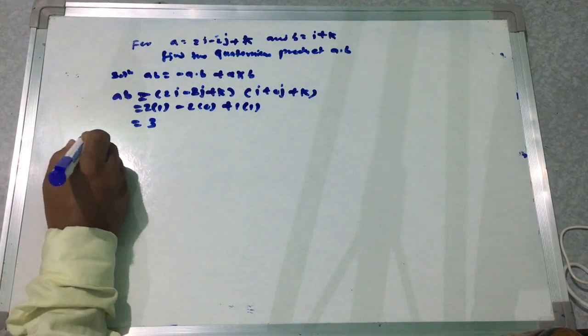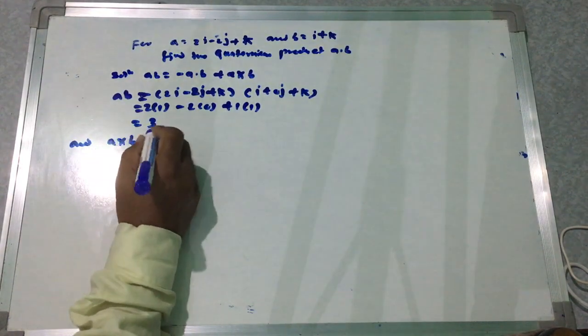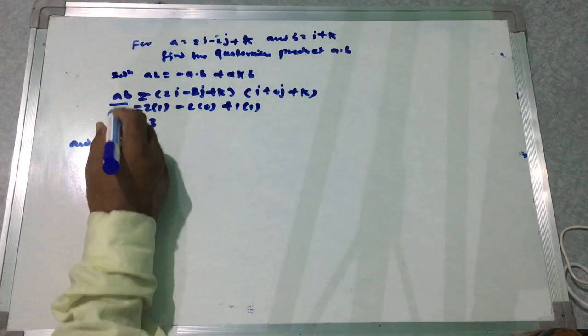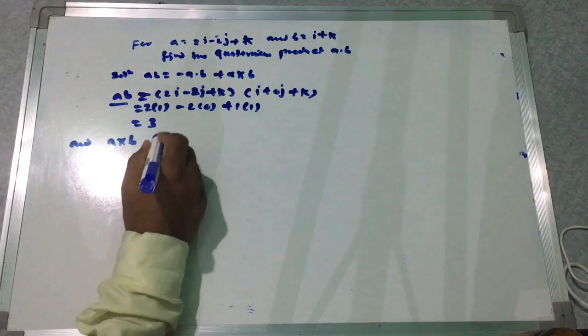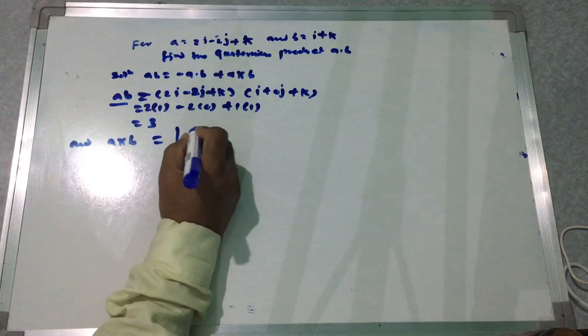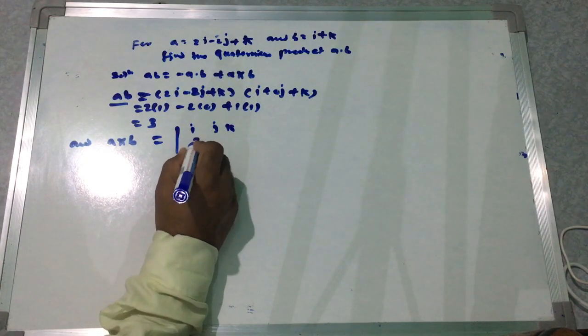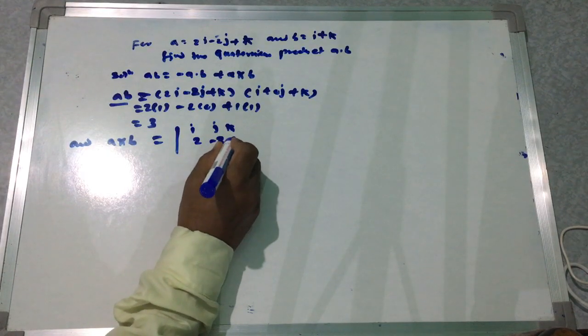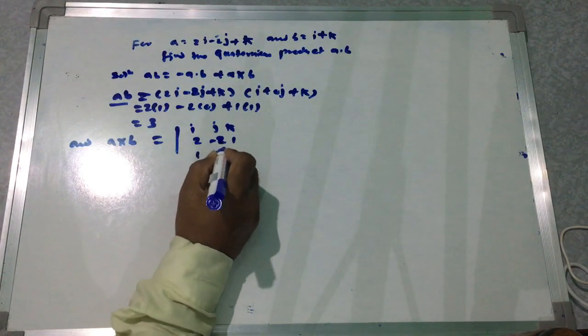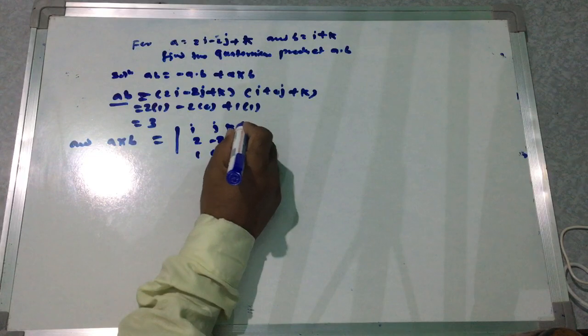Then we have to find A cross B. This is the determinant with rows i, j, k; 2, minus 2, 1; 1, 0, 1.